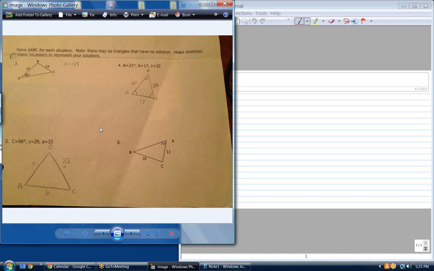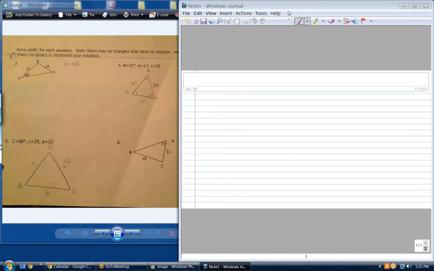Have you come up against the ambiguous case of the law of sines yet? Not too much. I'm just not clear about it. Okay. Well, this first example is angle side side. You see why it's angle side side? Yeah.